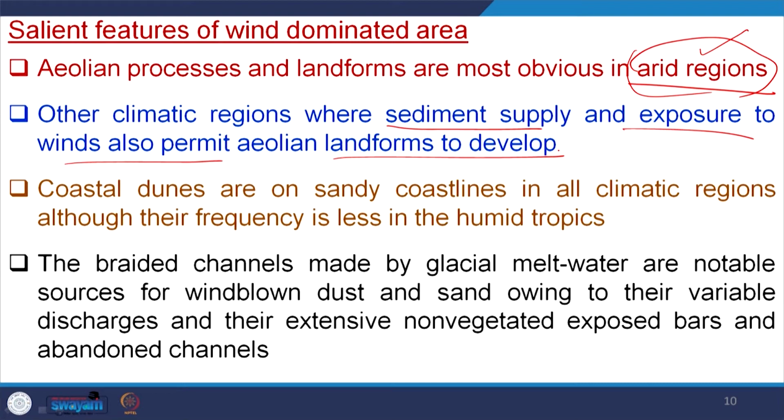The braided channels made by glacial meltwater are a notable source of wind-blown dust and sand, owing to their variable discharges and their extensive non-vegetated exposed bars and abandoned channels. It is very important to understand. Here we are talking about the glacial outwash plains and the ephemeral streams in arid regions.